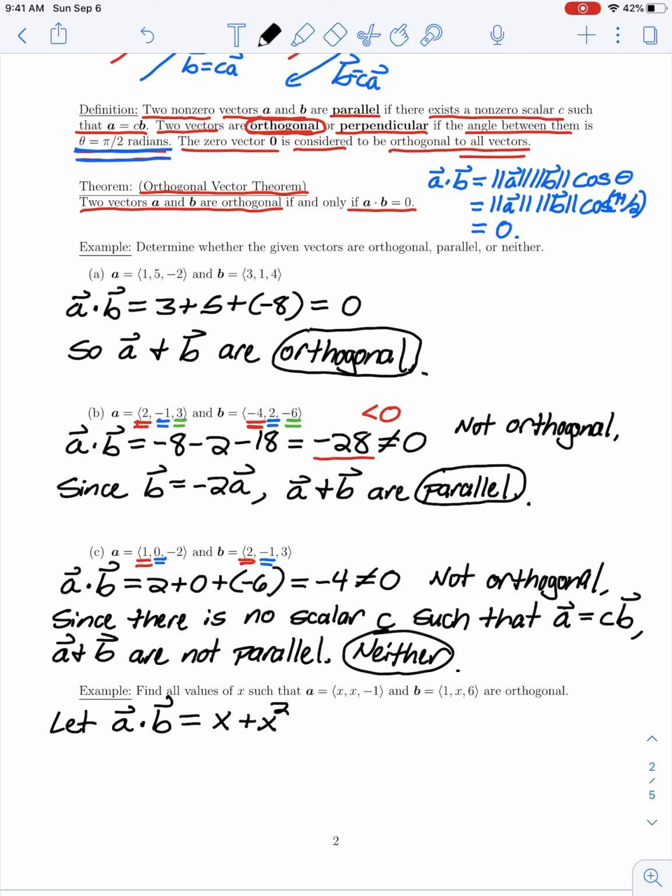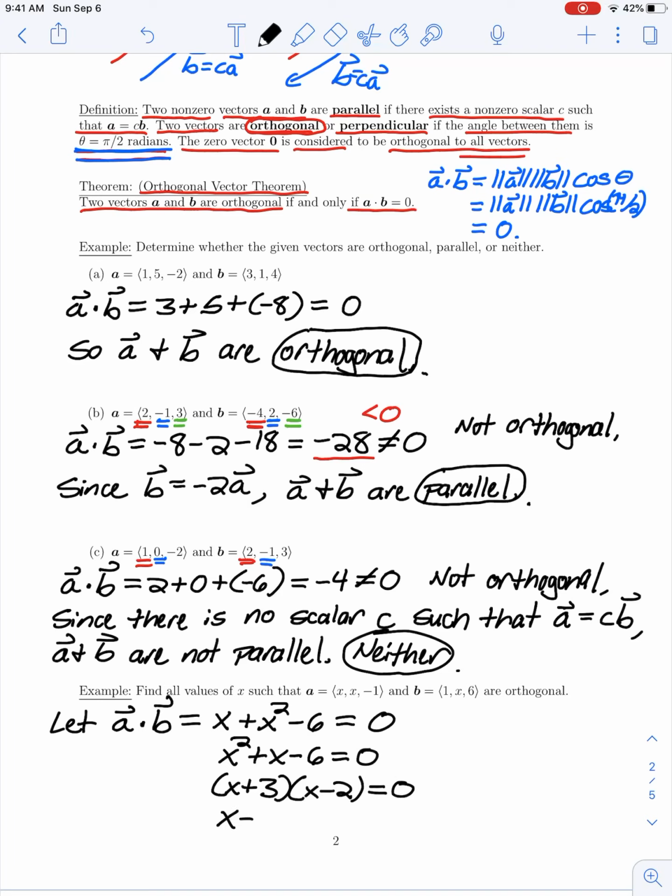And then multiplying the third components, we have a -6. And this dot product would have to be 0 for these to be orthogonal. So we want to solve for x. I first might just rearrange the order of these terms as x squared plus x minus 6 is 0, which can then be factored as (x plus 3) times (x minus 2) is 0.